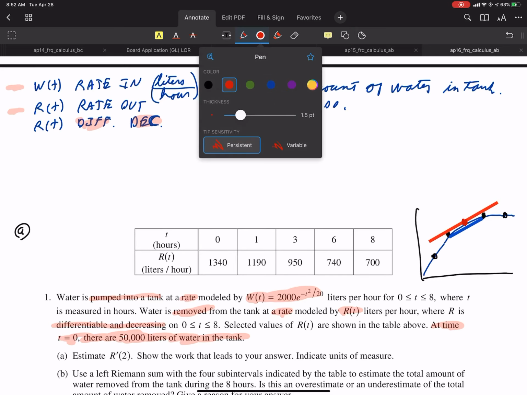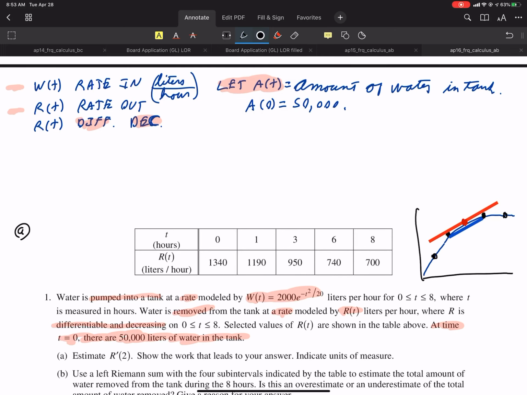It doesn't take much space, so I'm going to do it on the bottom left here. The two points around 2 would be 3 and 6. So R prime of 2 is about R of 6 minus R of 3 over 6 minus 3, which is, I just plug in the values, 740 minus 950 over 3.